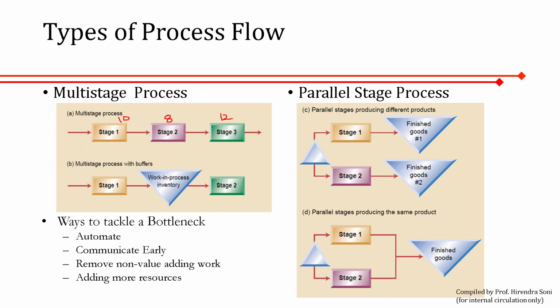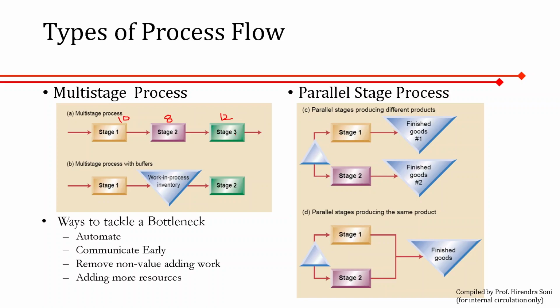So even if his speed is more, he will not be able to write 12 pages. He will be able to write only 8 pages. So stage 2 starts acting as a bottleneck, and it limits the performance of the system.